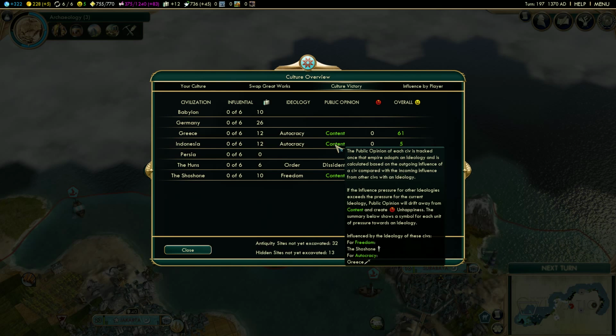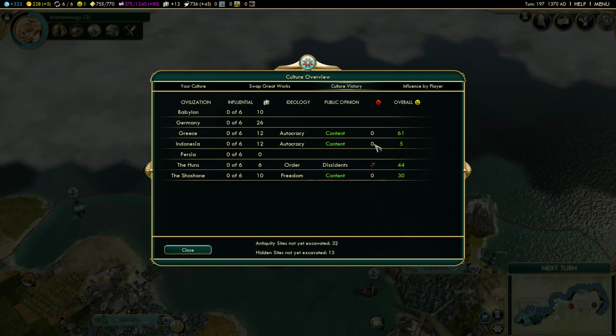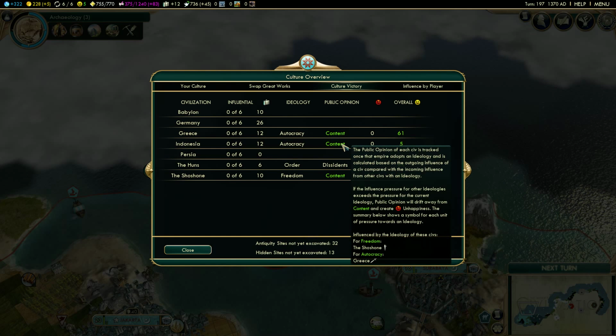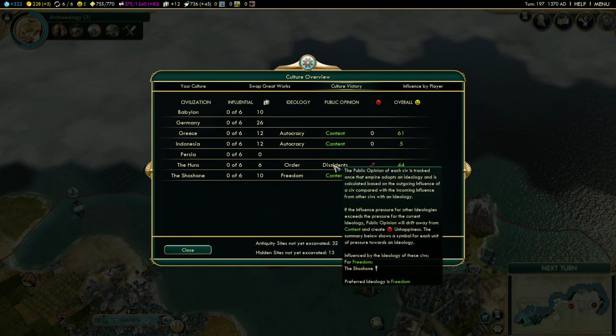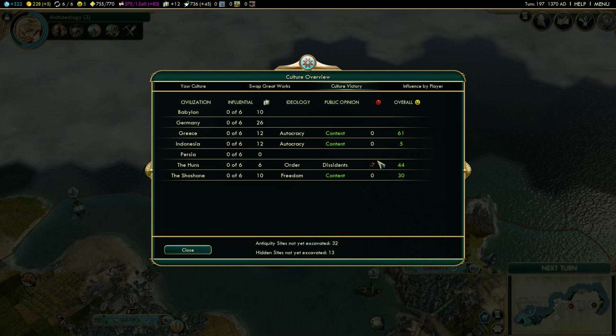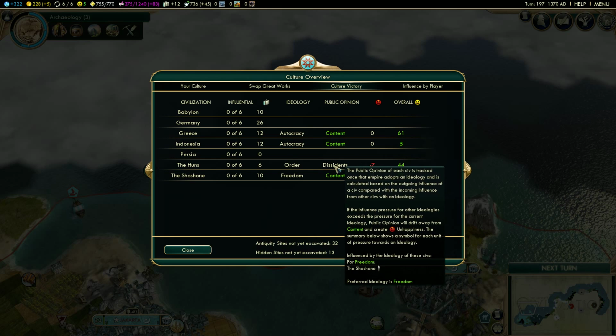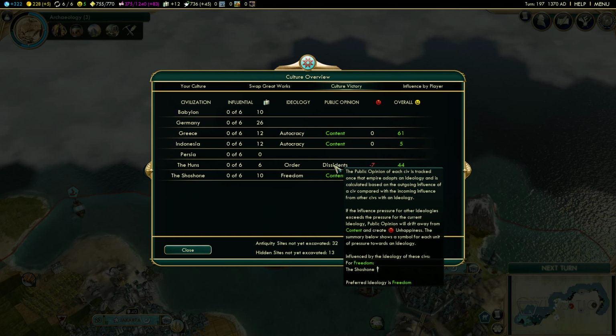If the Shoshone got to, say, influential, they would get, I think, 2 or 3 torches over me, and that means that my unhappiness because of our ideological difference will increase. So instead of, like the Huns here, they have 1 torch going on them, it would be minus 21 or something, because they got 3 torches. And that is quite a problem.